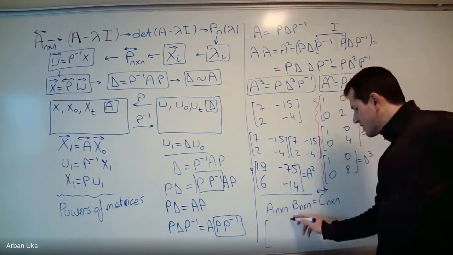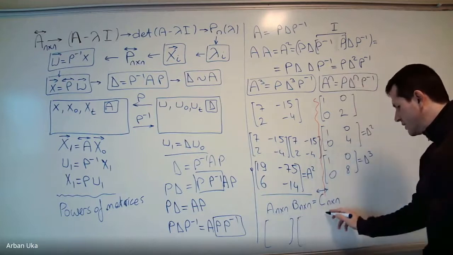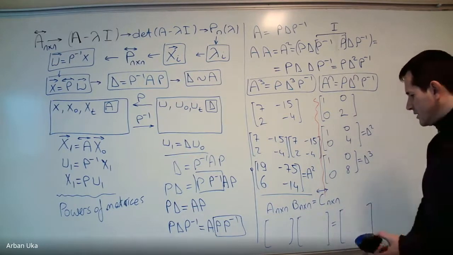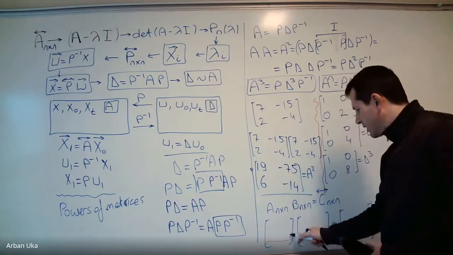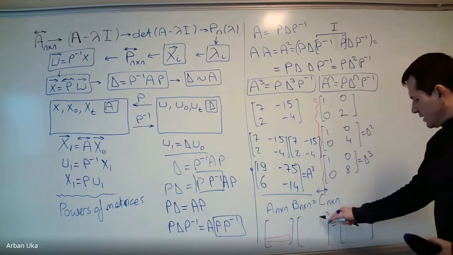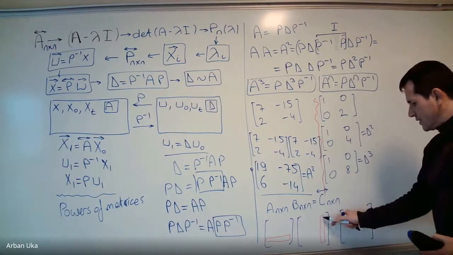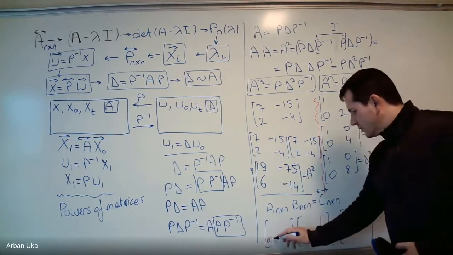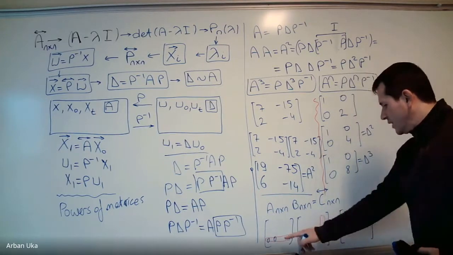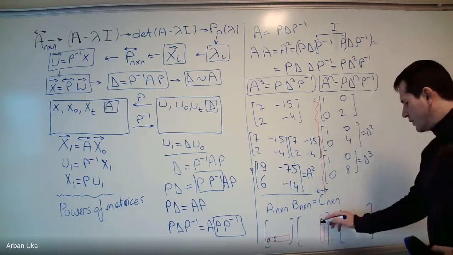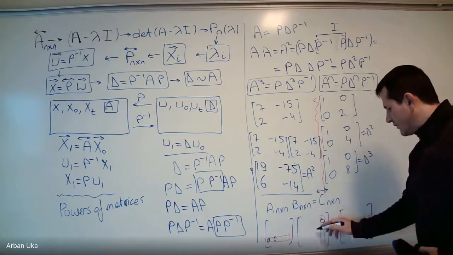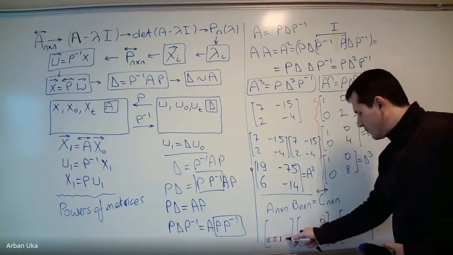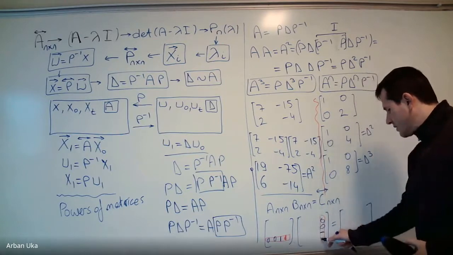So this is the matrix A, this is the matrix B, and this would be the matrix C. Let's assume that we need to multiply this row of A with this column of B. How will the multiplication follow? Each element in this row will multiply each element in this column. Then we have this, and then we have this times this.